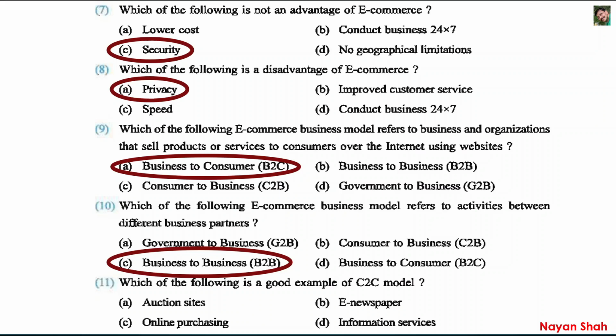That is obviously auction sites. Auction sites are a very good example of the C2C model, where those who want to sell something will put their products, and those who want to purchase will put their bid. So bidder and seller come together on the website called an auction website, and that is a C2C model.